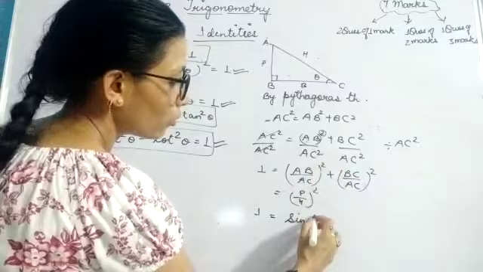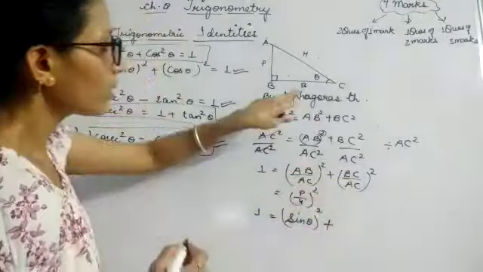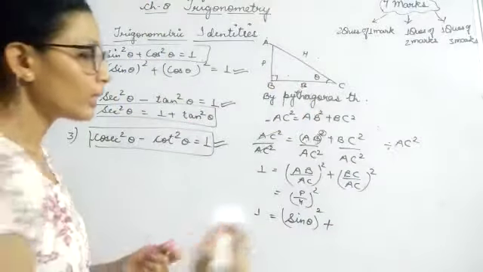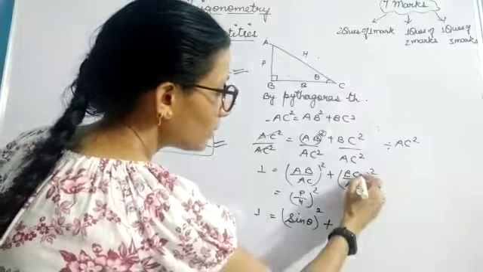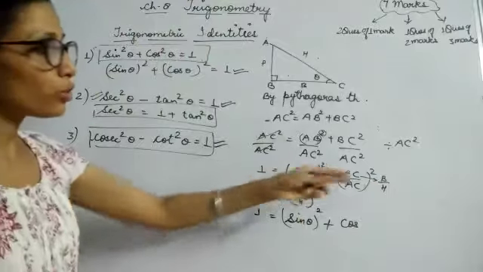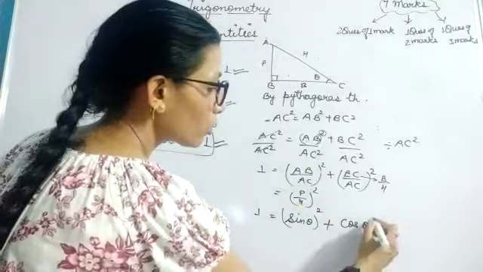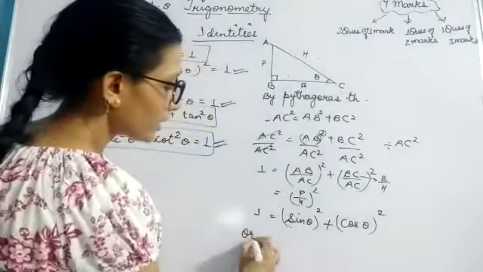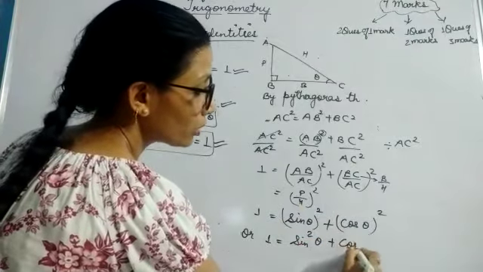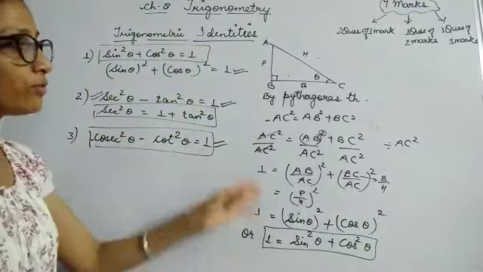And here it is given whole square. Plus what is BC by AC? BC is base and AC is hypotenuse, so the ratio of base to hypotenuse gives you cos theta. So I can write it simply as sine square theta plus cos square theta. So this is your first identity which you have proved very easily.